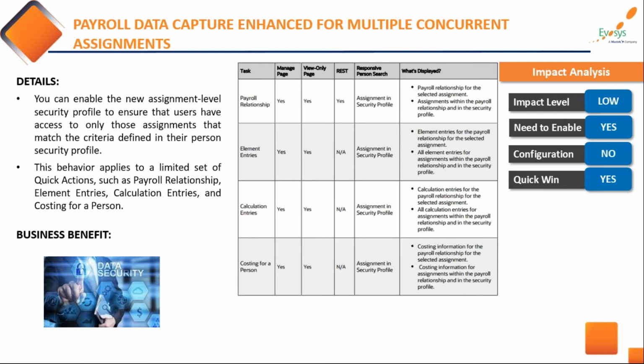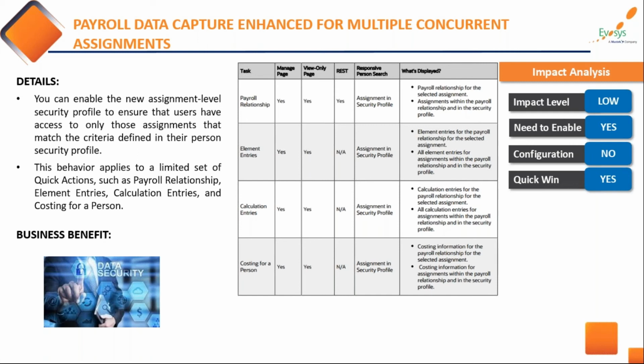As an example, there are different tasks with which this security gets impacted. The very first is the payroll relationship. If you have set up the assignment security profile, then you will only be able to view certain payroll relationships for certain assignments depending on the access you have.